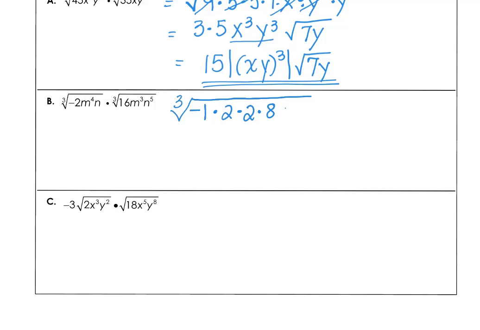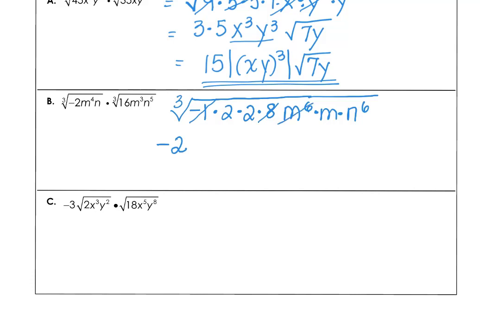And then m to the 4th times m cubed is going to give us m to the 7th, but we're going to write that in multiples of 3. And n to the 1st times n to the 5th is n to the 6th. So here the cube root of -1 is -1, and the cube root of 8 is 2, so I'm going to pull out a -2 there.